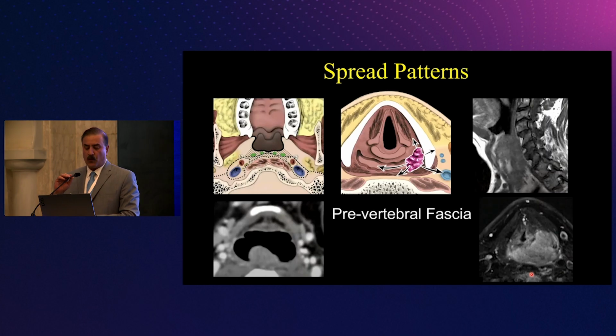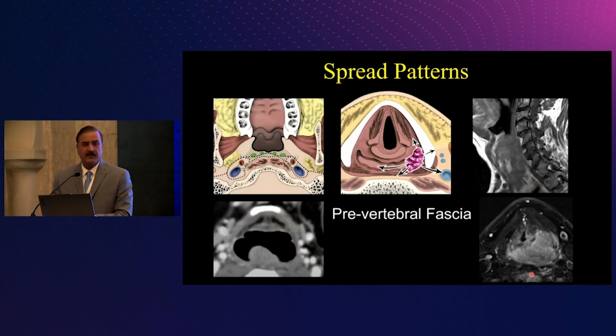This is perhaps the most important thing that I want you to take from this lecture: involvement of the prevertebral fascia or the prevertebral muscles. So please, whether you're doing CT, whether you're doing MR, whether you are obtaining CT and MR, which sometimes we have to do because this is one of those things that your call makes a big difference.